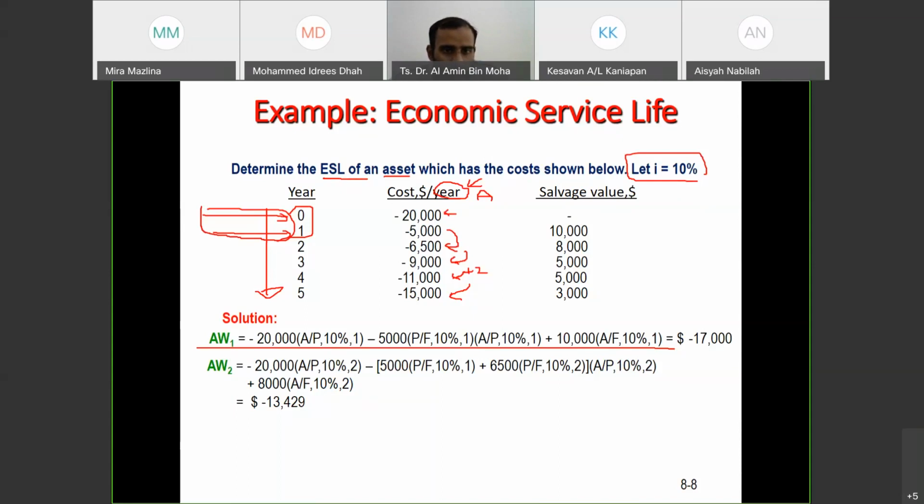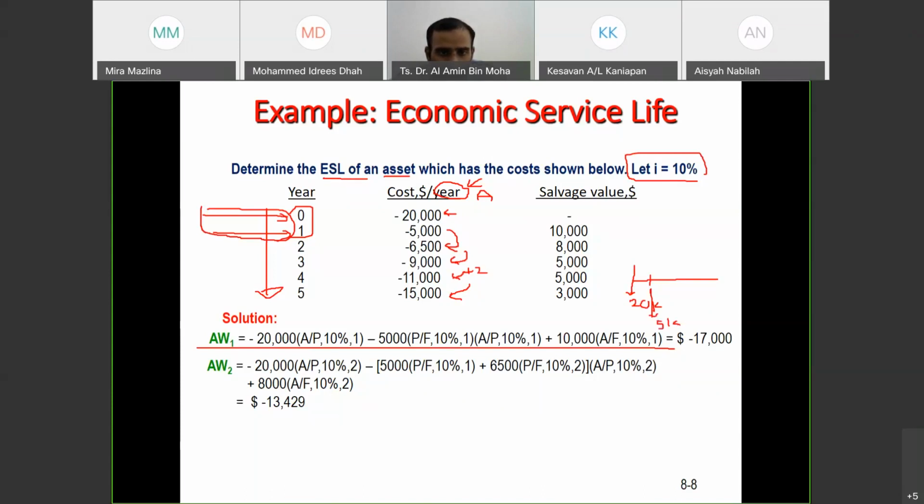And then what is the other information here? The 5,000. If you want, you can draw the cash flow diagram. So at year 0 you have 20,000. Here is year 1, so it's also a 5K.